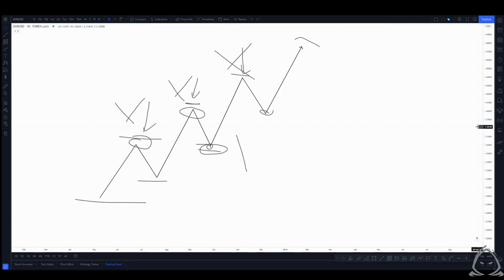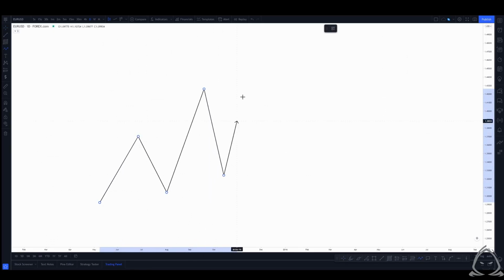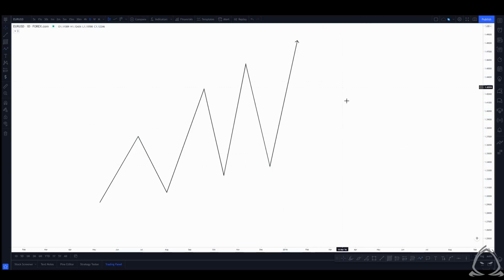One other thing to note about the concept of protected and targeted highs and lows or structure is how we can integrate that to supply and demand. So what I'll do really quickly is just clear this up. We're going to draw in another bull trend, seeing higher highs, higher lows, higher highs, higher lows.